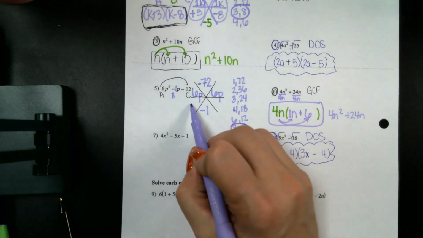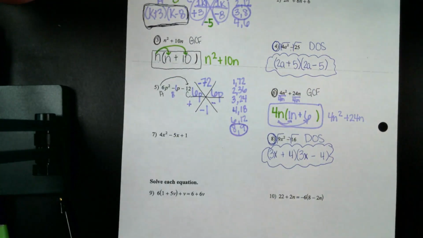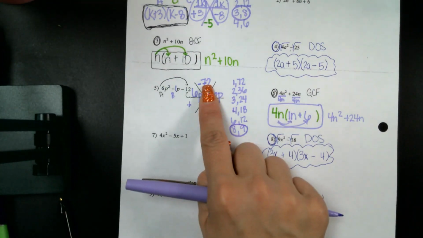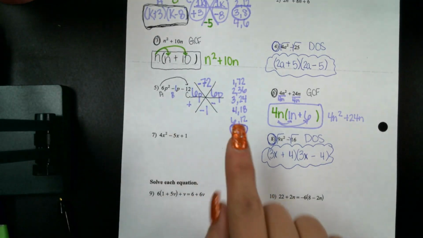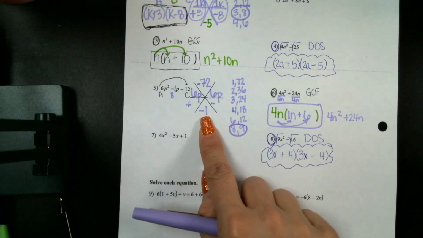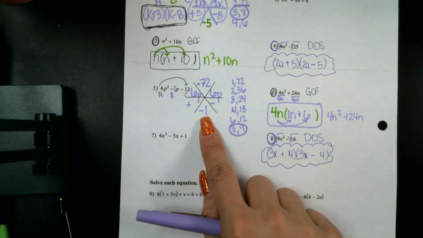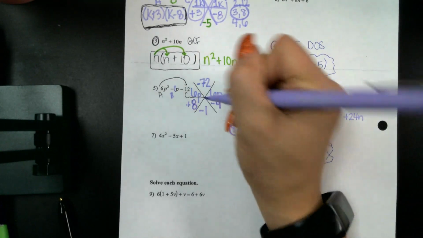If this is negative, you have to have one of each. We just talked about that in problem number 1, because the only way your product would be negative is if they're different. So positive times negative is negative. The bigger one, the 9, has to match the bottom. So the 9 is negative, and the 8 is the positive.